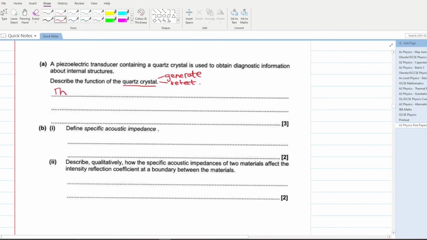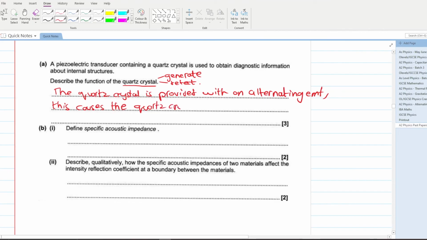The quartz crystal is provided with an alternating EMF, and this causes the quartz crystal to vibrate and generate ultrasound.